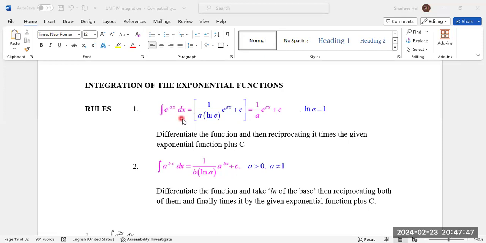The base here is e, so I'm going to have times ln e. And I'm going to write back the exponential function, e to the ax plus c. Now, ln e is equal to 1, so a times 1 is a. So my answer reduces to 1 over a, e to the ax plus c.